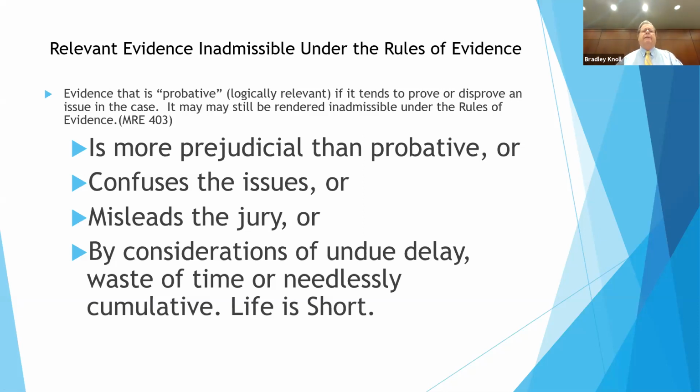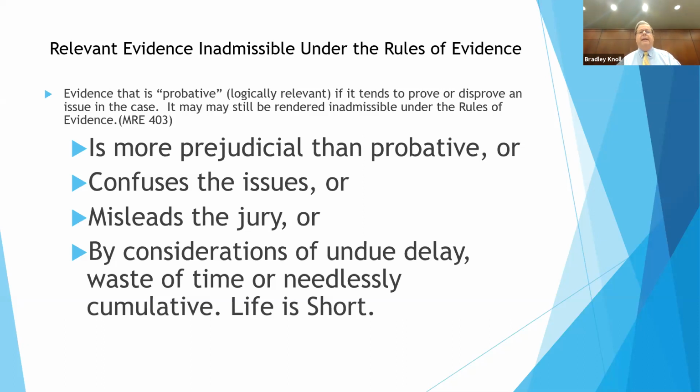Under the rules of evidence, again, we still need to consider that evidence that might be, again, the word is probative, that is logically relevant, tends to prove or disprove, might still be inadmissible under the rules of evidence. And the notes I make in the parentheses are the MRE, the Michigan Rule of Evidence, that applies to that particular proposition.